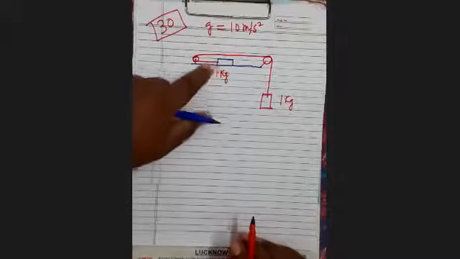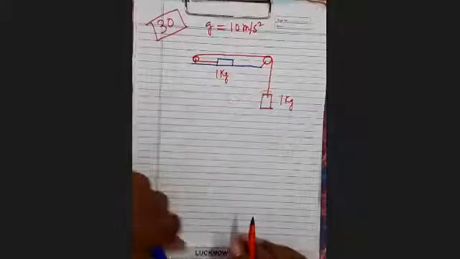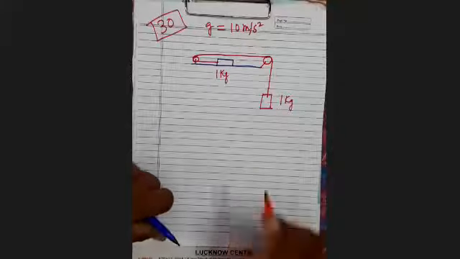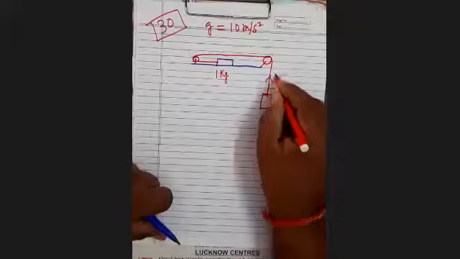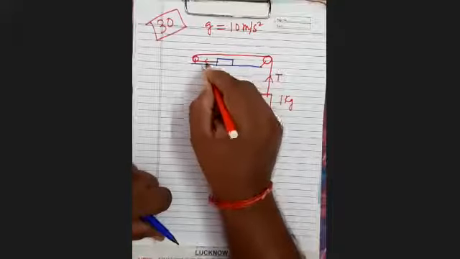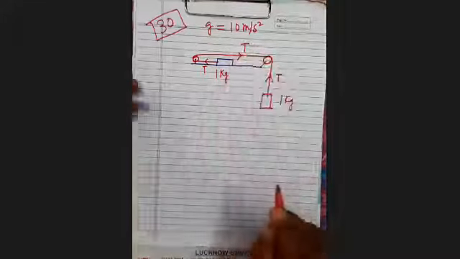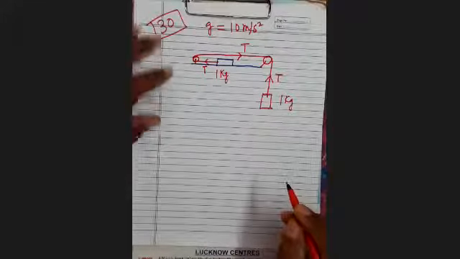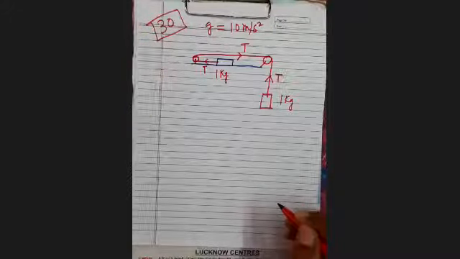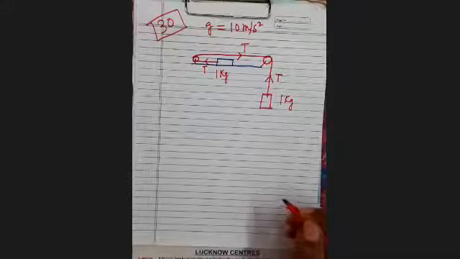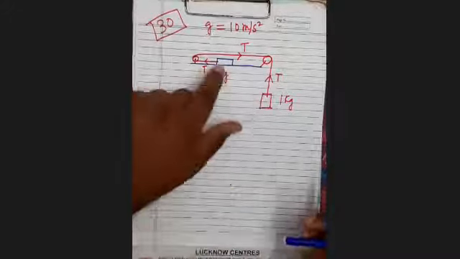So see here, from here to here, this is the same string. Therefore, there will be a uniform tension. If it is T here, then it will be T here as well as T here. One more thing, what will be the relation between distance moved by them?